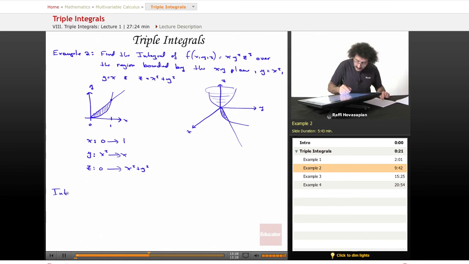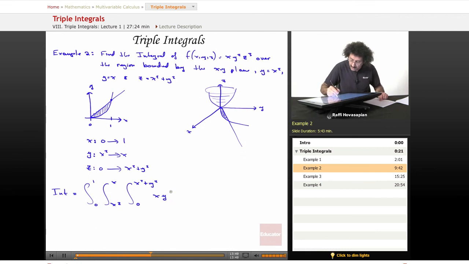So our integral is going to equal, 0 to 1 for x, x squared to x for y, 0 to x squared plus y squared for z, of the function x, y squared, z cubed.